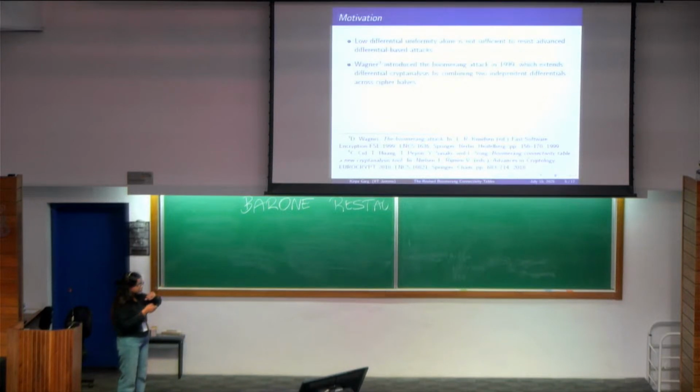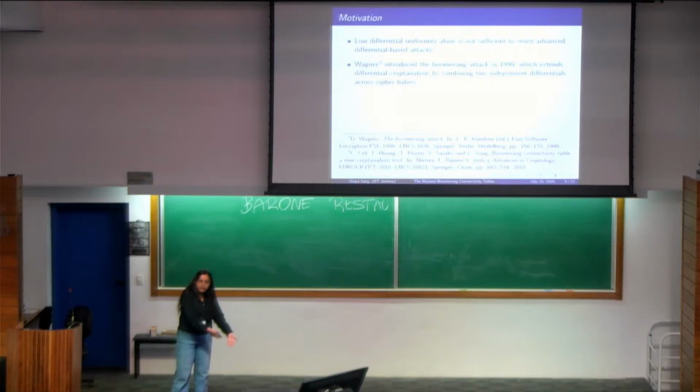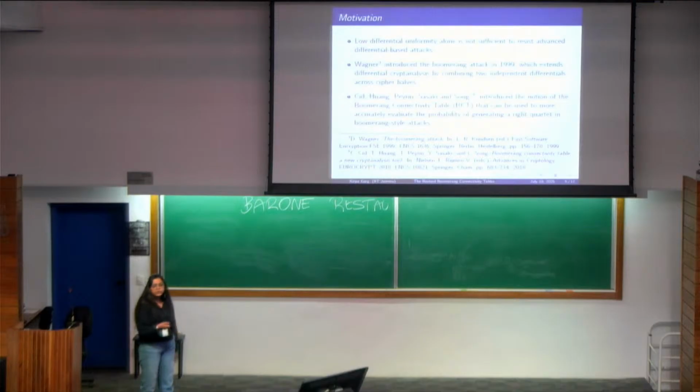Similarly, just like the concept of difference distribution table and differential uniformity, we have the concept of the boomerang connectivity table and boomerang uniformity. It was introduced by Cid, Huang, Peyrin, Sasaki, and Song.